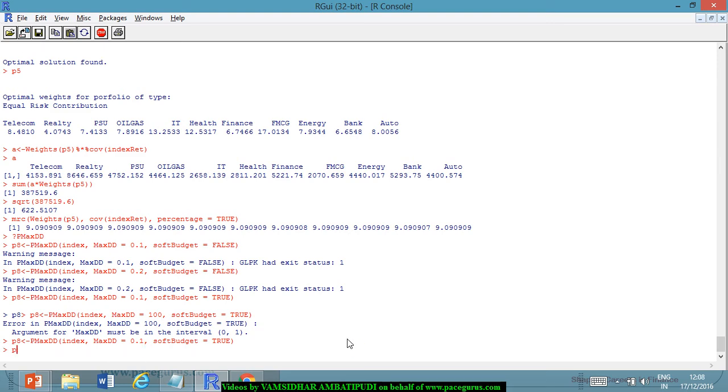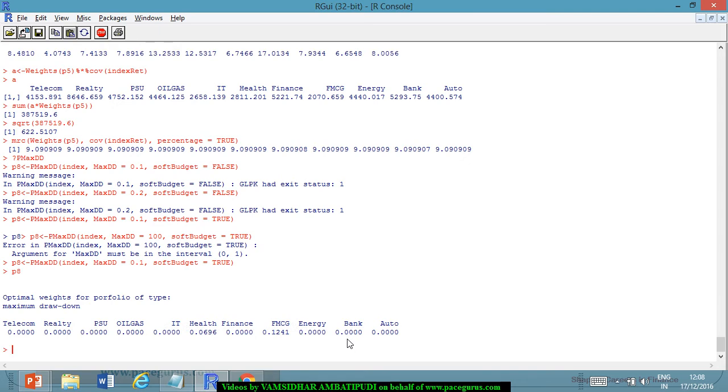Now based on this, if I am looking at my P8, it says that you invest around 6.96% in healthcare and 12.41% in FMCG. That's it. In all other sectors, don't invest anything.